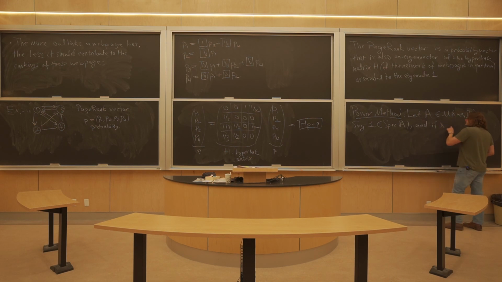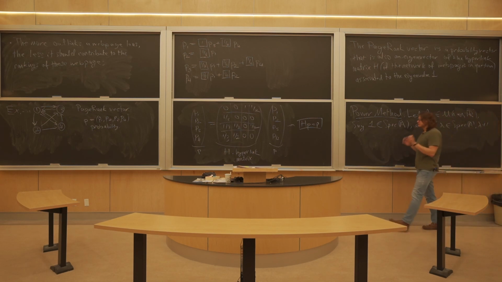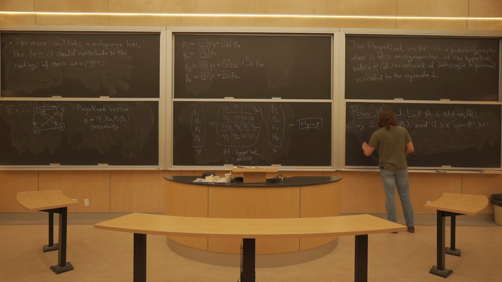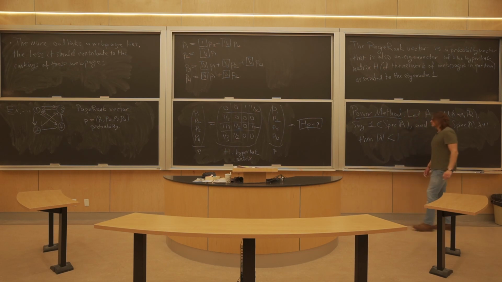And if you have another eigenvalue that is not 1, then it is inside the unit disk. So this is the picture for the spectrum. We have this eigenvalue, which is 1, and everything else is inside. I don't care where they are. All I care is that they're away from the circle.